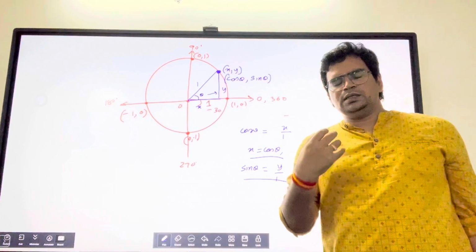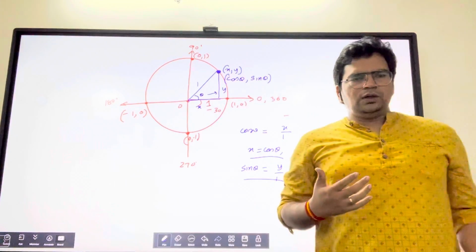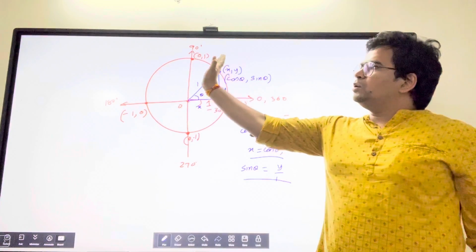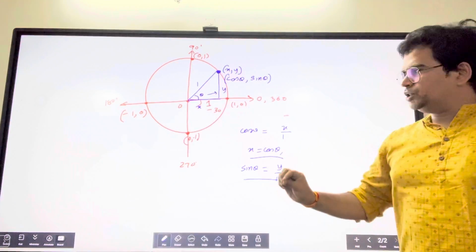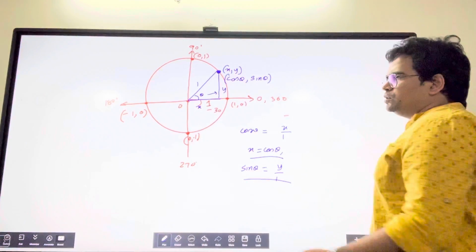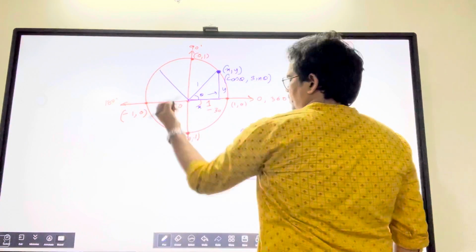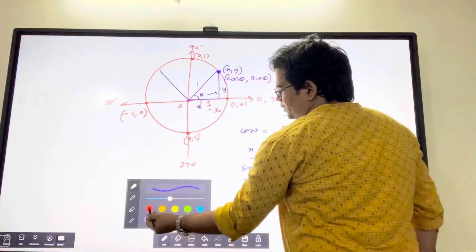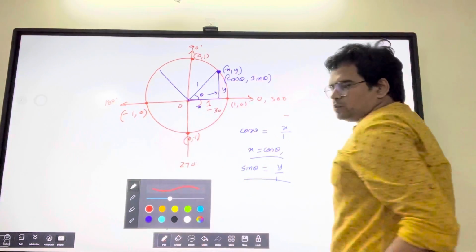Now this gives us at least the basic understanding about how to measure the sine and cos ratio. In simple terms, wherever the angle is, suppose an angle is in the second quadrant, and I want to find out sine or cos of this angle.